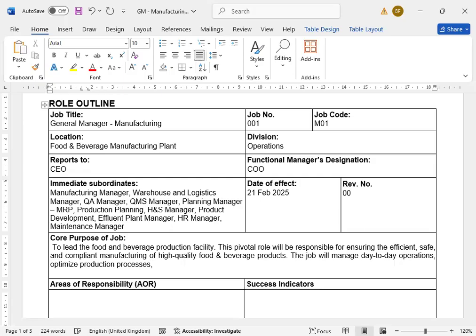Then drive cost saving initiatives and uphold strict regulatory standards like FDA, ISO, you know, SQF, HACCP standards.